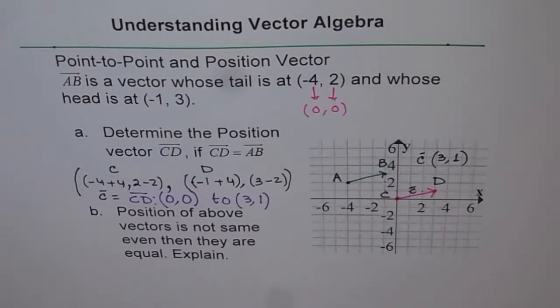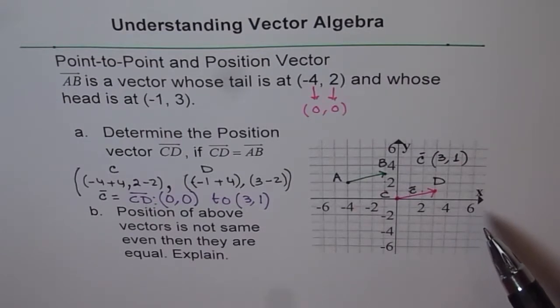Okay, so I think that helps you understand what a position vector is and how you can translate a point-to-point vector to a position with tail at origin, get the coordinates and thereby define the related position vector. I hope that's clear.